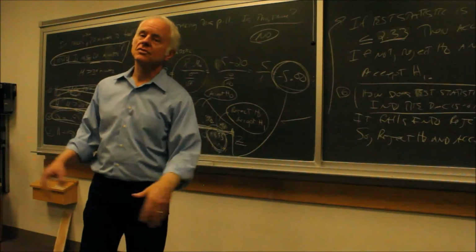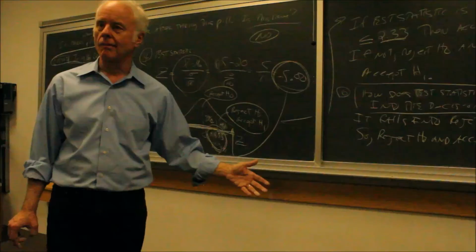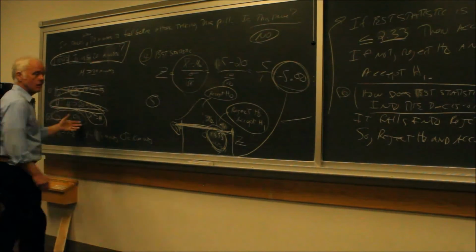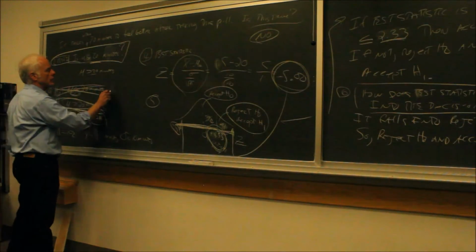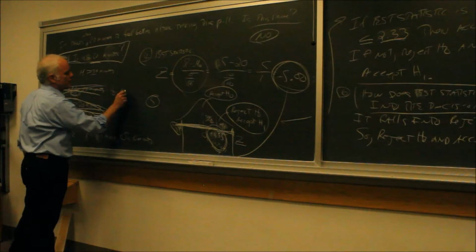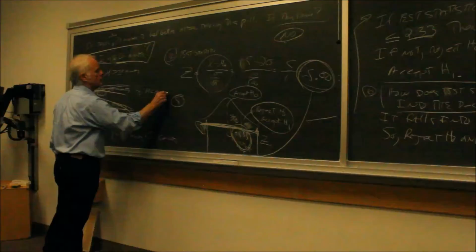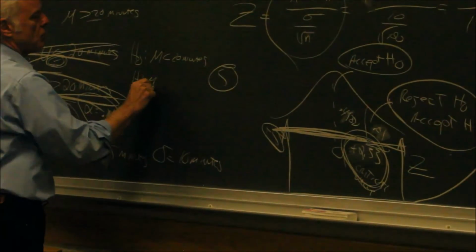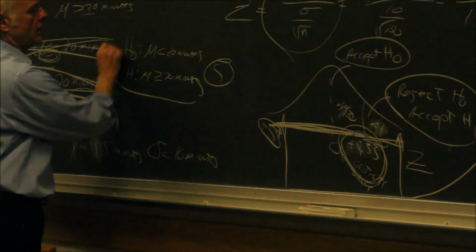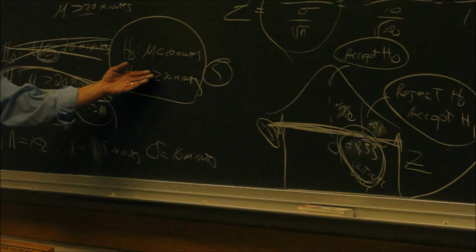And remember, this is a yes or no decision. And so if you don't do everything correctly, you're going to get the wrong answer, especially if you set this up wrong. What about if you set up H0 this way? Mu is, well, first of all, if you said mu is less than 20 minutes, and then you said H1, mu is greater than or equal to 20 minutes, what's happening is you're testing the wrong thing.